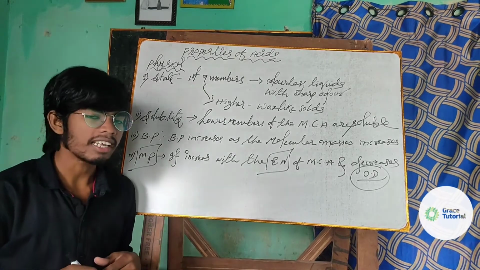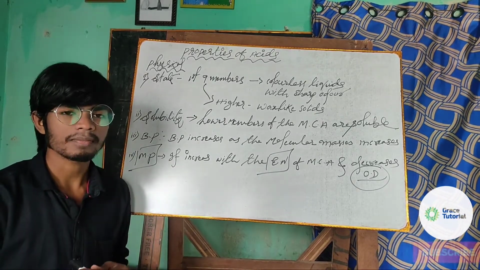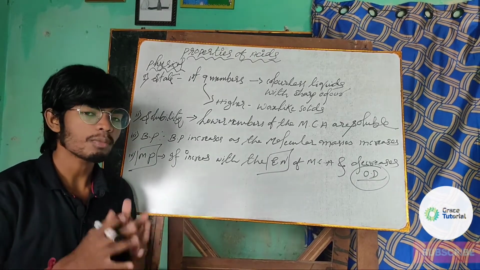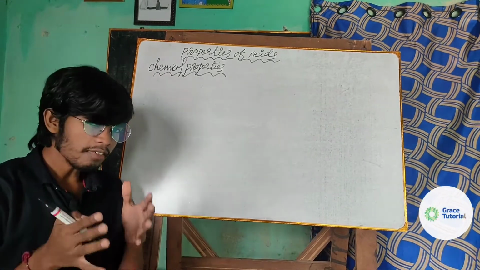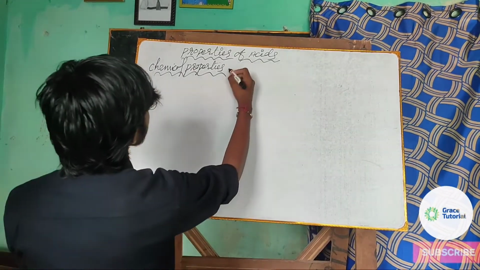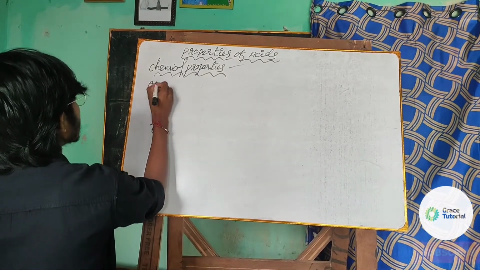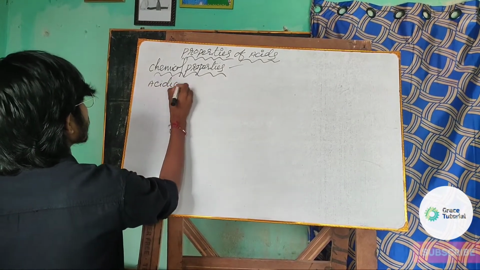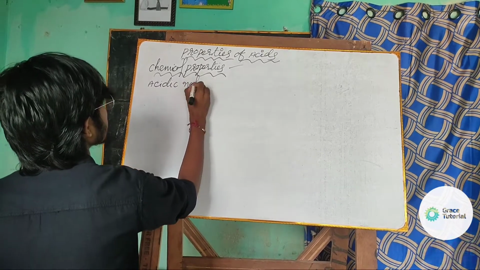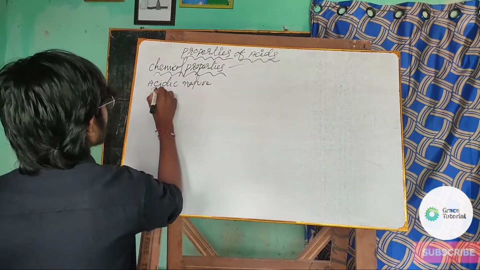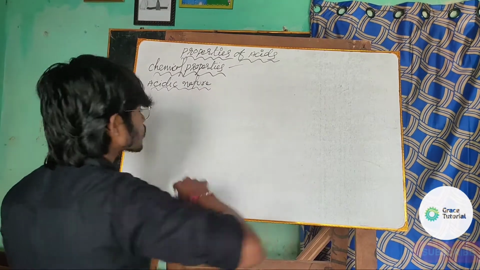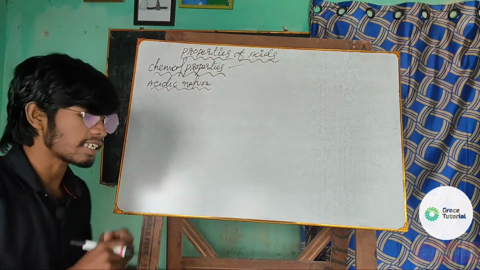Now, most importantly, we discuss the chemical properties of monocarboxylic acids. If you look at the chemical properties of the acids, we need to explain the acidic nature. First of all, we need to explain the acidic nature of the acid.